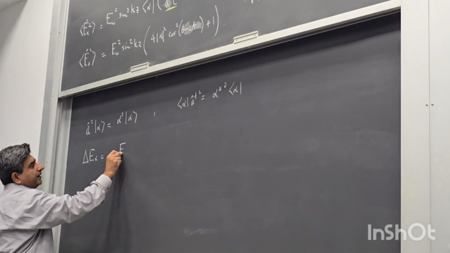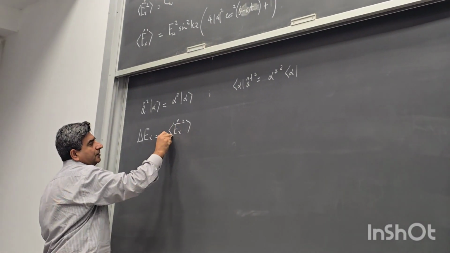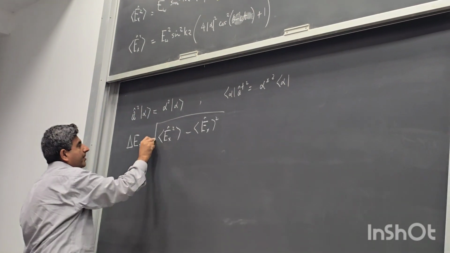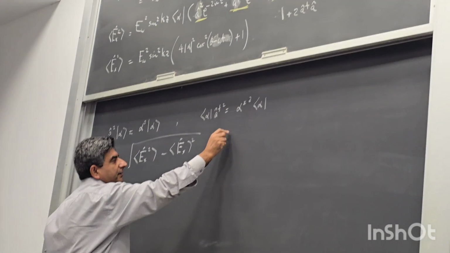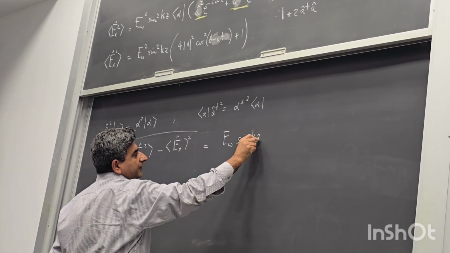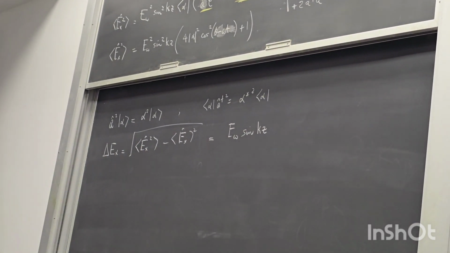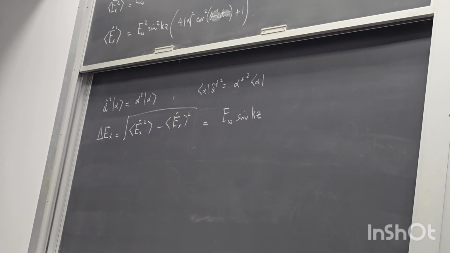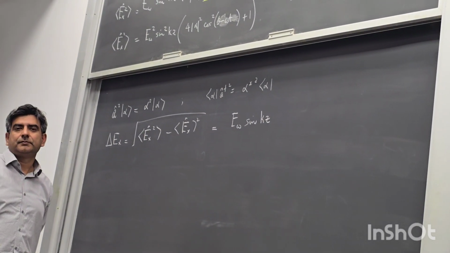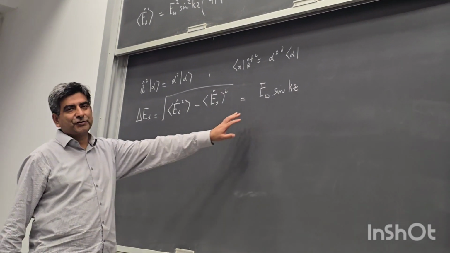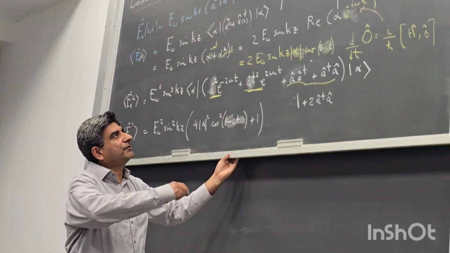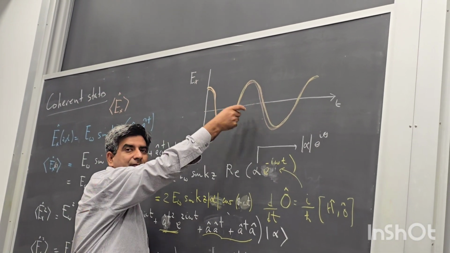Which is x squared minus x squared under root. This turns out to be e omega sine kz. Right, so this is the uncertainty in the electric field. So this will be the width of this curve.